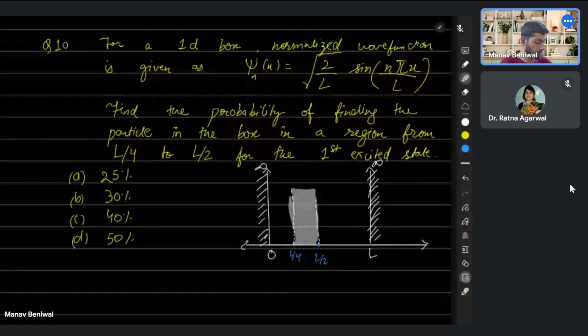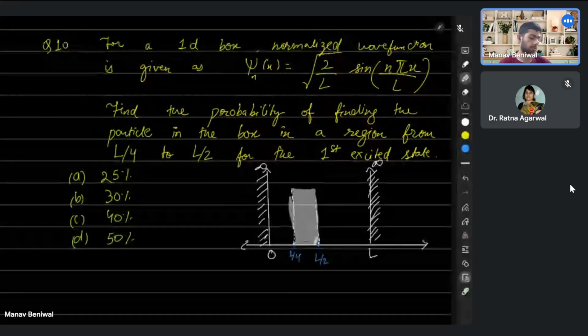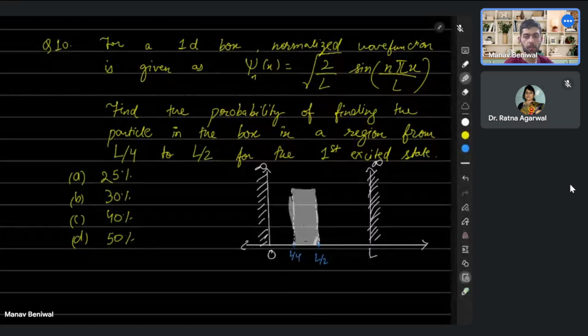In this region we want to find the probability of finding the particle in its first excited state. So remember we are talking about first excited state.